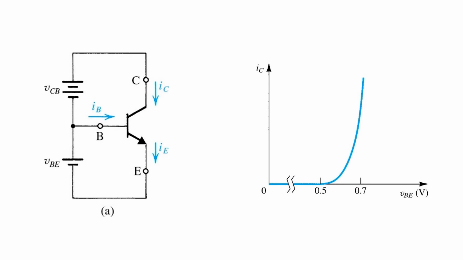So here, imagine conducting a thought experiment where VCB, the reverse bias in an NPN transistor, is kept large so that that junction is reverse biased throughout this entire experiment. And imagine that we sweep VBE and measure the resulting collector current as we go along. Now we know that the collector current in this case is governed by this exponential relationship.